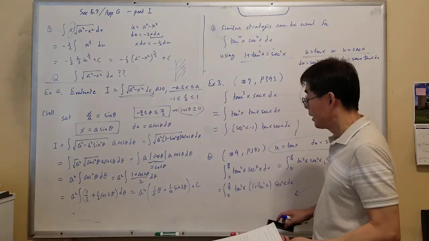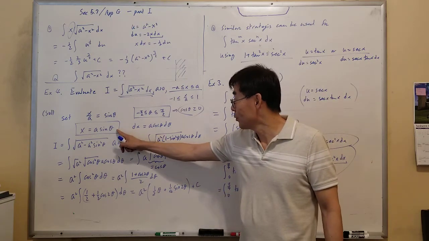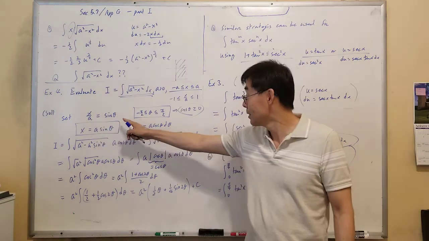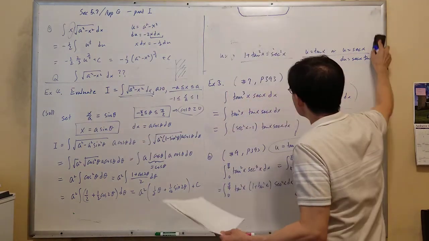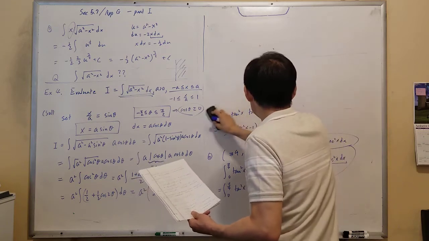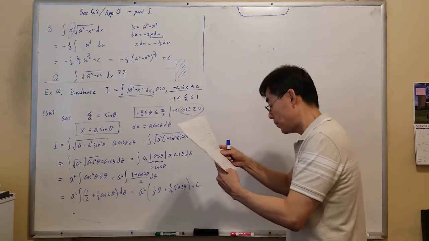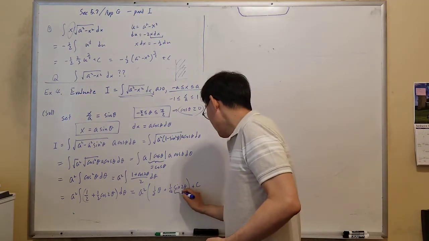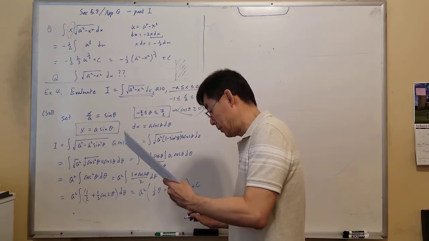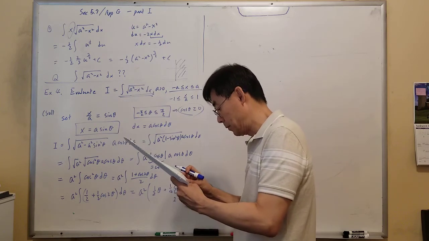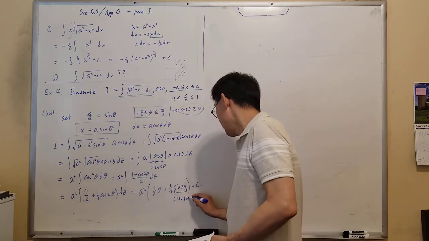Alright. It's not the end, because this is still written in theta. We have to write it in terms of x. Alright? So, because of that, we'll go further. Now, double angle formula, 2 sine theta cosine theta.